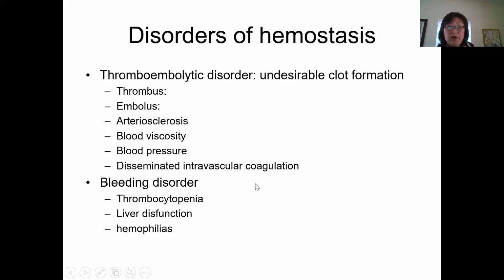Okay, disorders of hemostasis. Maybe we just pick one, like bleeding disorders, like thrombocytopenia. This is the problem I have. Okay, so I have very, very low platelets. The normal amount should be 140 to 400,000.